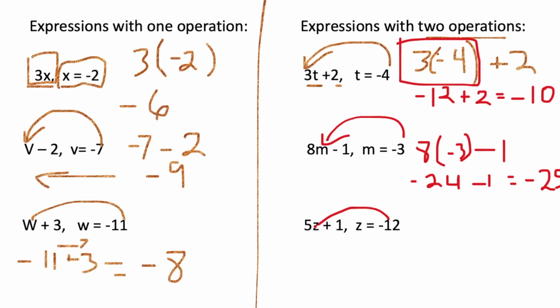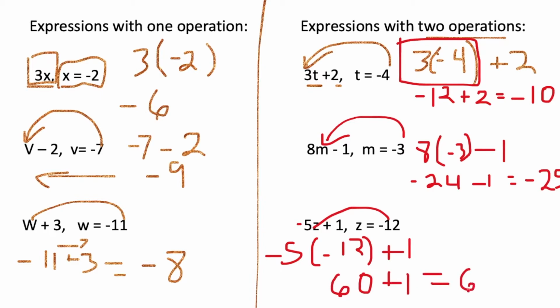All right, again, I'm going to make this a negative actually. So I have 2 negatives. Now 2 negatives, when you multiply together, become a positive. So this is now going to be 60 plus 1, and that's going to be 61.